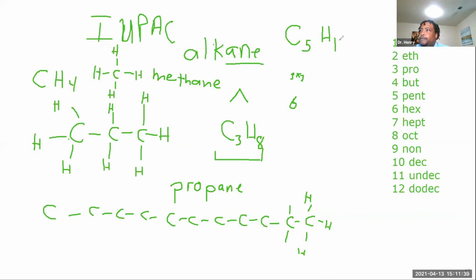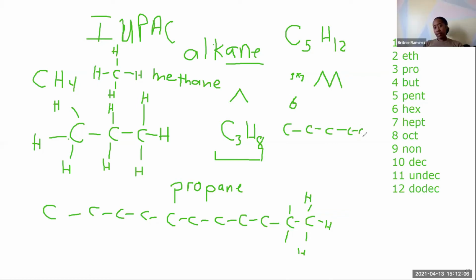So that's 12. I could actually write it all out with the structure as 1, 2, 3, 4, 5. 1, 2, 3, 4, 5. So that would be the same thing as that. Or I could write it out as C, C, C, C, C. No one wants to do that. Exactly. So that's the reason why we use that skeletal structure.